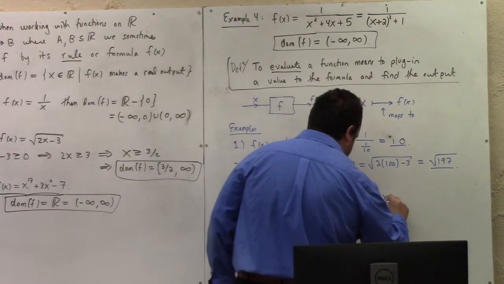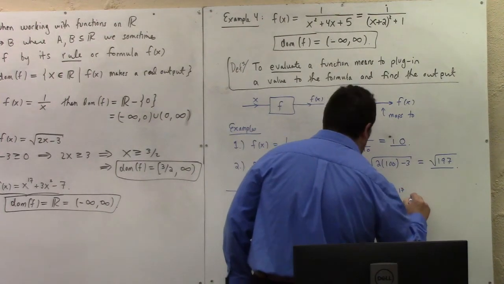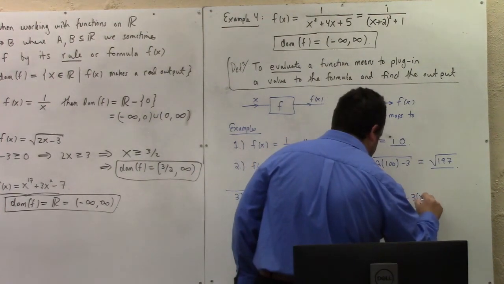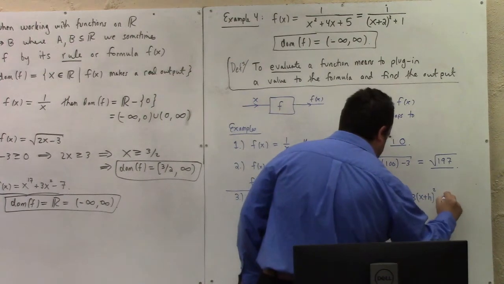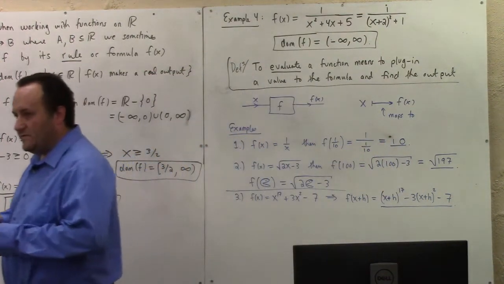We do x plus h to the 17th power plus 3 times x plus h squared minus 7. So sometimes we evaluate a function symbolically.